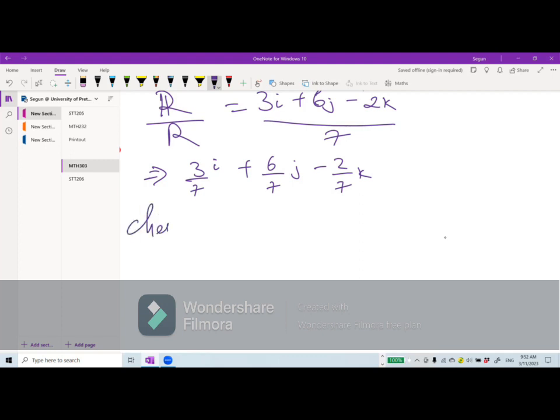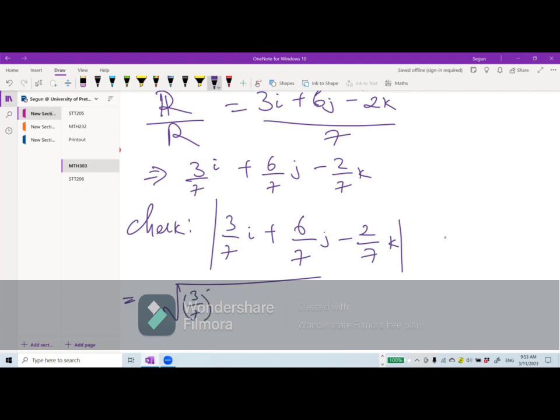For us to check, we have 3 over 7 i plus 6 over 7 j minus 2 over 7 k, which is the same thing as the square root of 3 over 7 squared plus 6 over 7 squared plus negative 2 over 7 squared.